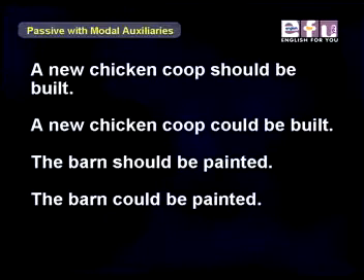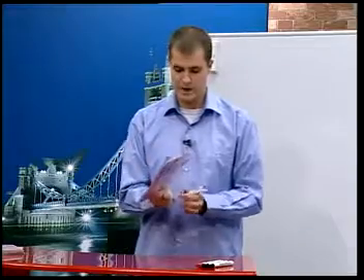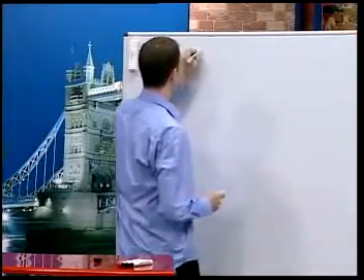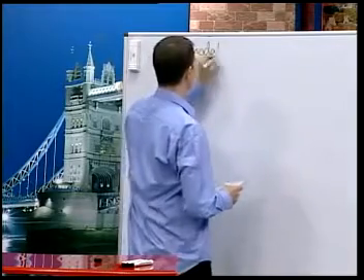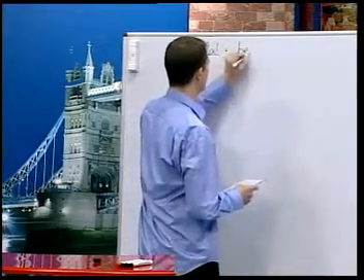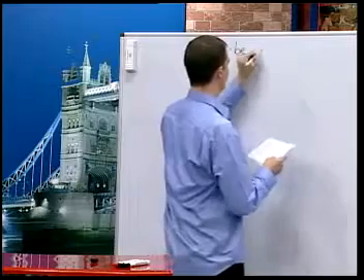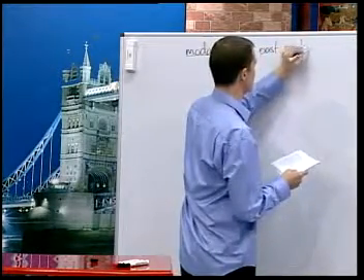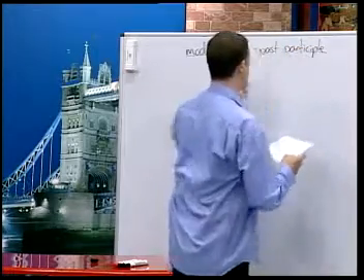The barn could be painted. Now, to form the passive voice using modals, we use this form. Modal plus be plus past participle.